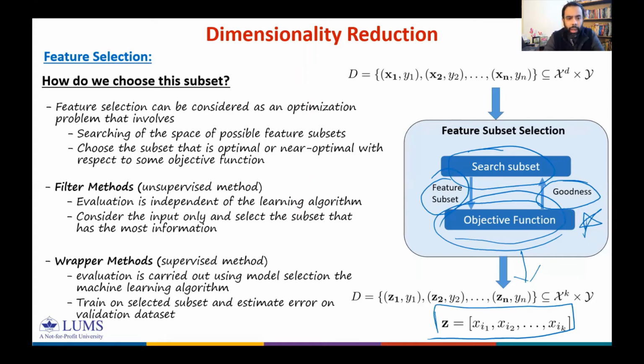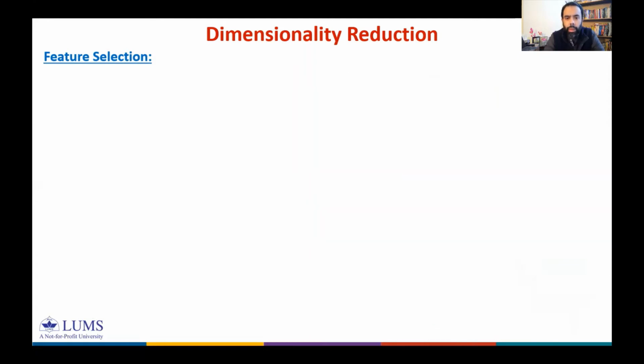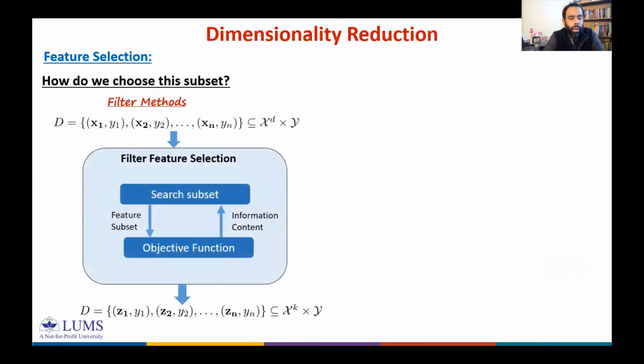Okay, let me explain in more detail each of these methods, right? In filter methods, I have modified this diagram. Let me explain this flow. Previously we had search subset here, we had objective function here, right? This search subset would generate a feature subset, and you evaluate the objective function.